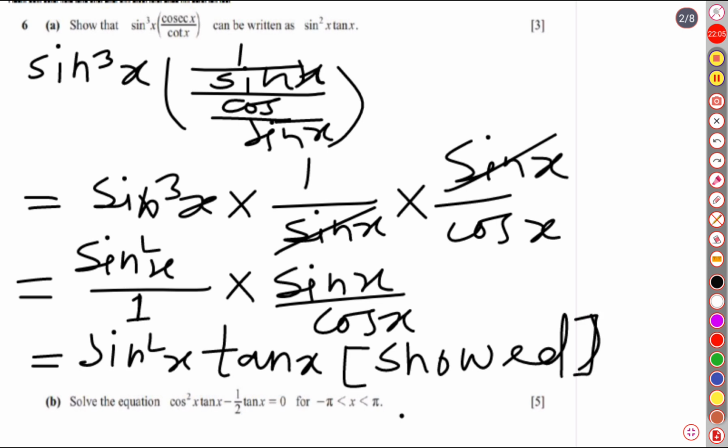Well, the next question says solve the equation cos square x into tan x minus half tan x equal to 0, and our domain is given negative pi until pi. And look at this, this is not a transformed curve, that is x, so we can easily start solving this.